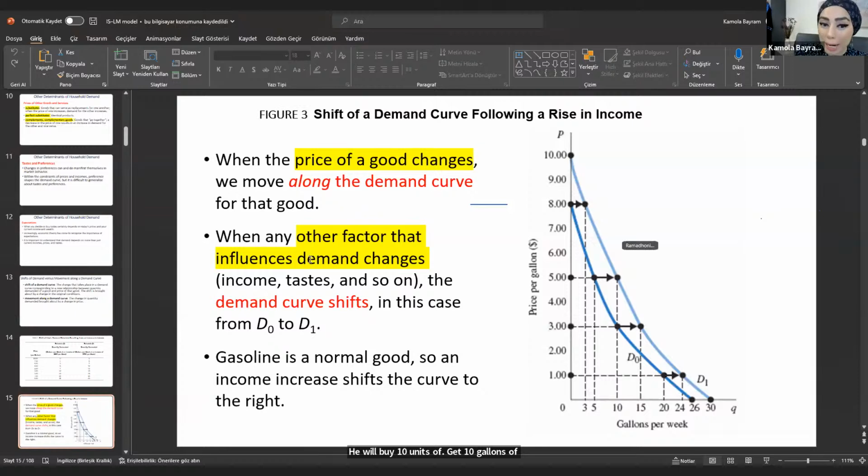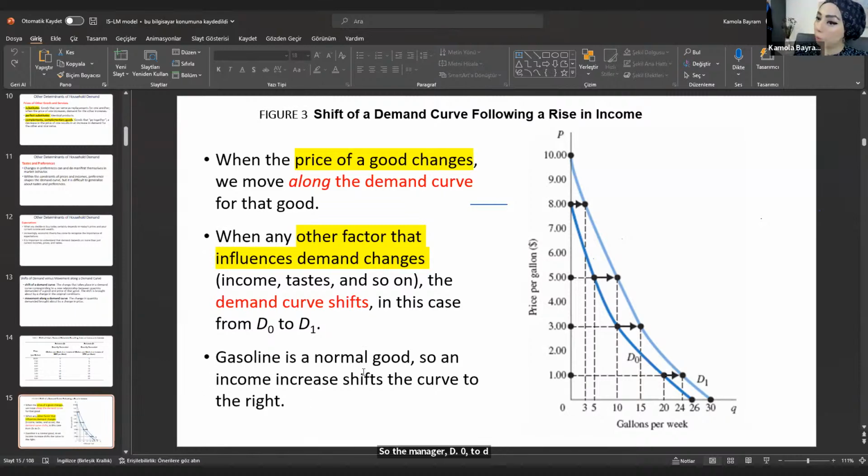But when any other factor that influences demand changes, like income, taste, expectations, or wealth generated, like you inherit 1 million USD from your deceased uncle, for example, then the demand curve will shift. So in this case, it shifted from demand curve D0 to D1.